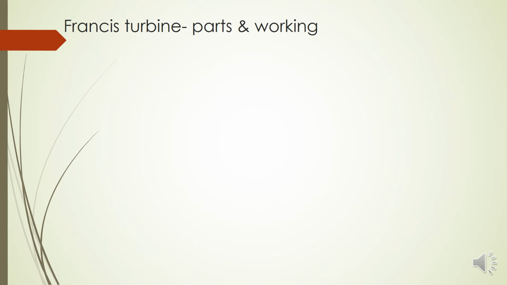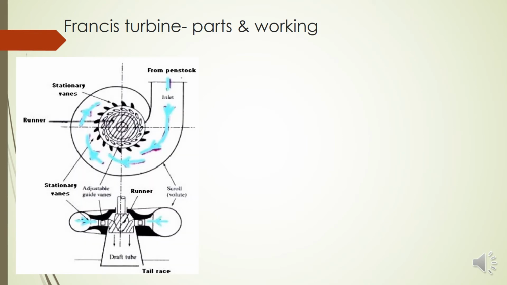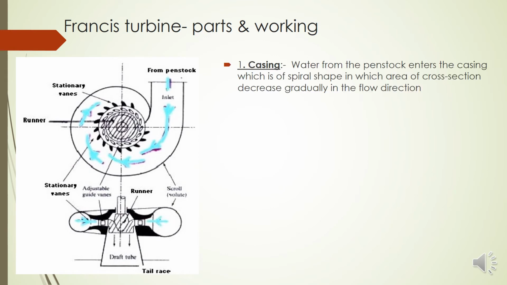Now we will discuss the parts and working. Similar to the Pelton turbine, here also we can divide it into 4 parts. First part is the casing. What is the importance of the casing? Here it has a particular shape, that is spiral shape. And you can see the area of cross section decreases from inlet to outlet. So it is the reverse of a centrifugal pump.